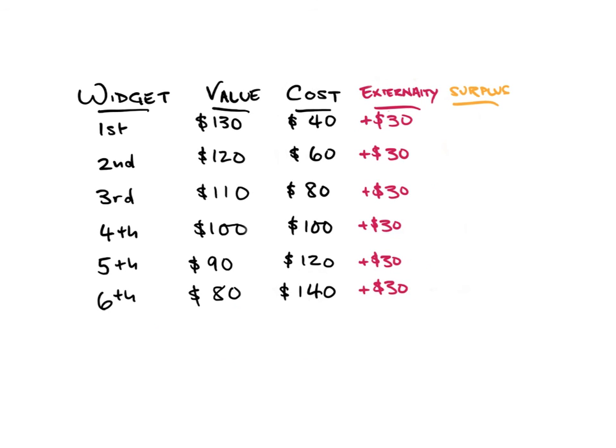Now let's flip this around and have a market with a positive externality. Consuming the good creates positive benefit for people around. So here I've written down this externality is plus $30. What are things that we do that create positive externalities?